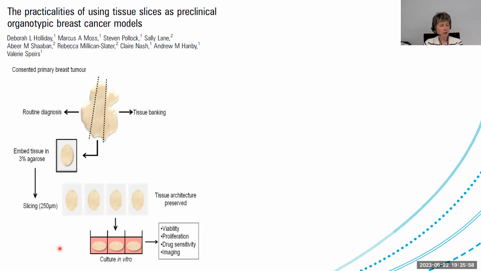We were then able to put these into culture and culture them in vitro for anything between 14 and 21 days. And we were able to show that we could do viability assays, we could do proliferation. In the ones that were ER positive, we looked at the effect of tamoxifen and showed that the ER positive tissue slices which responded to tamoxifen were growth inhibited.